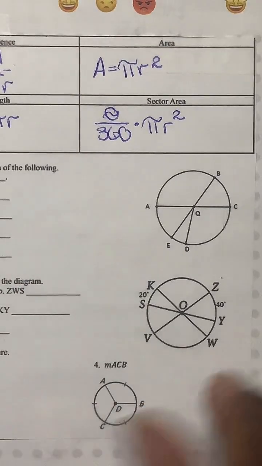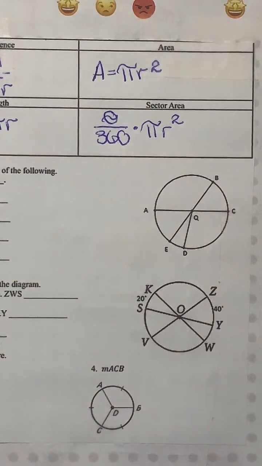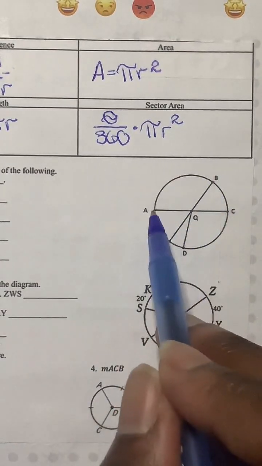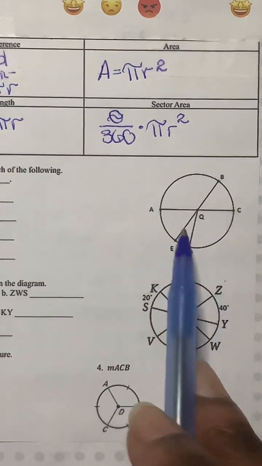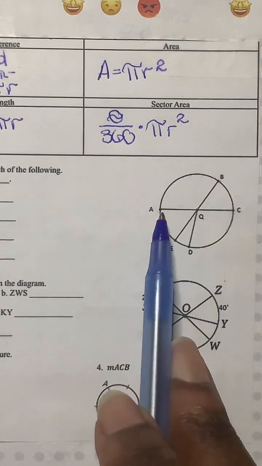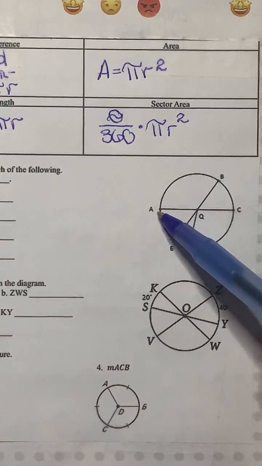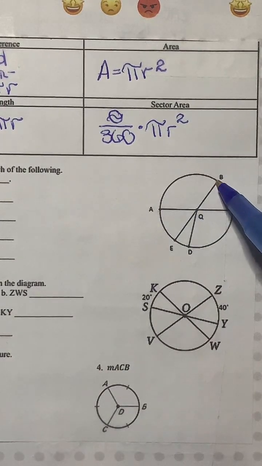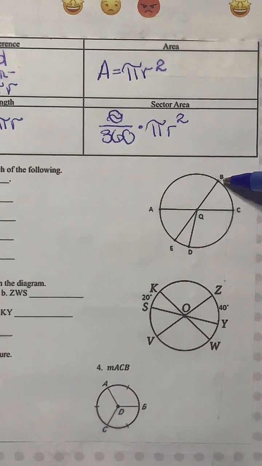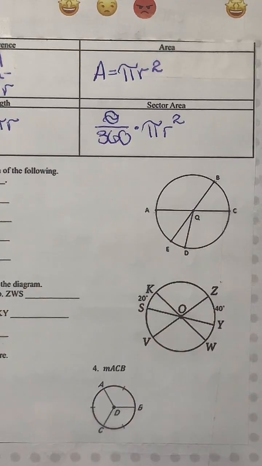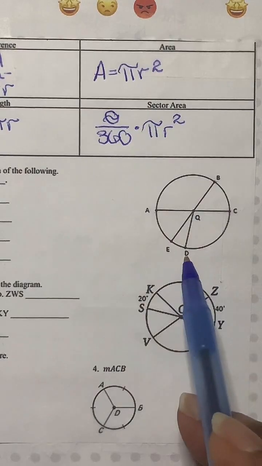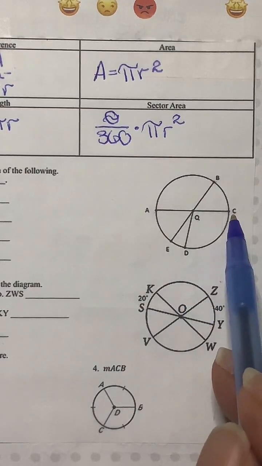The reason I say BC, or I could say BA or AB, is I'm telling you where I'm going to start and where I'm going to end. If I said minor arc AB, that means I'm starting at A and going to B. If I say minor arc BC, I'm starting at B and going to C. And the other way around, if I say DC, that means I'm starting here at D and going here to C.